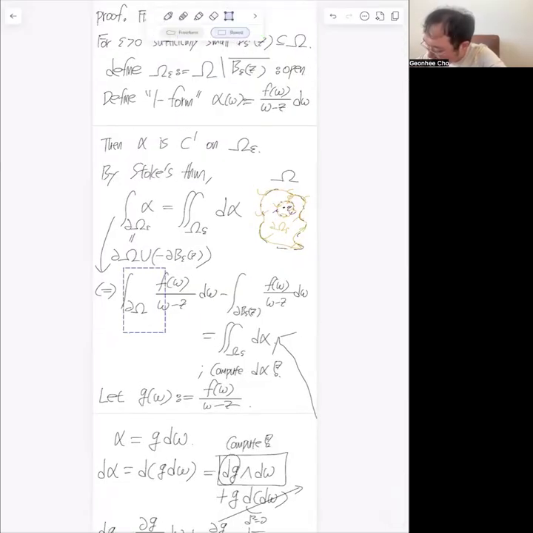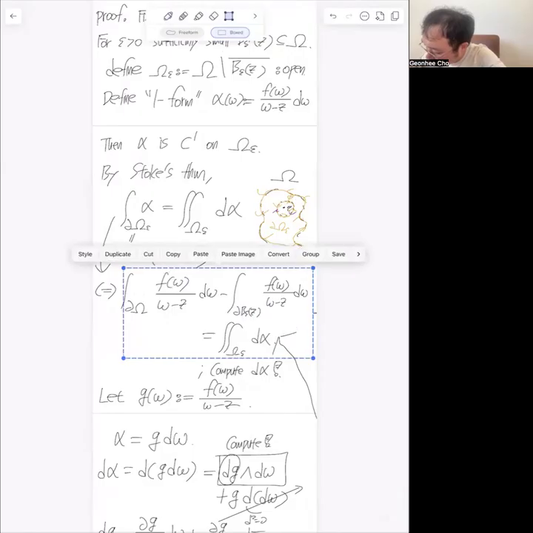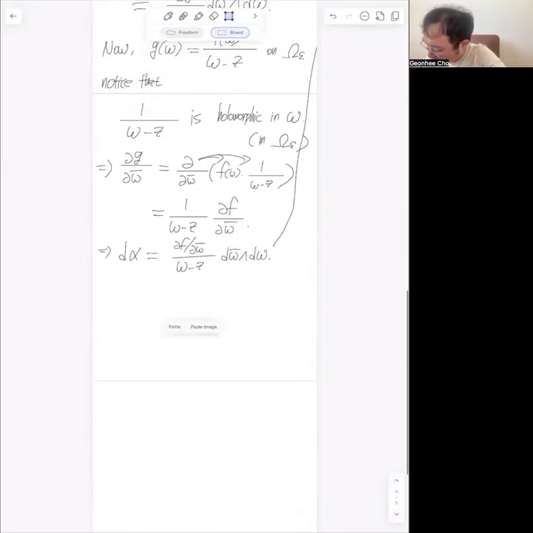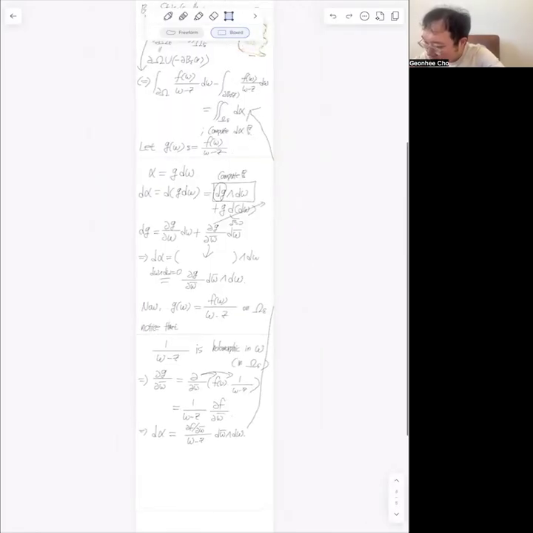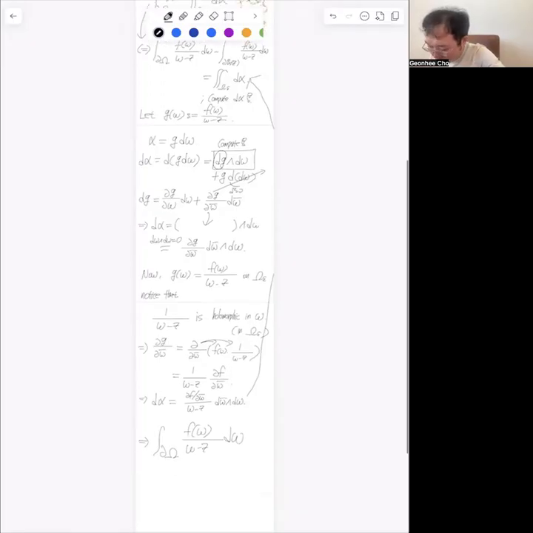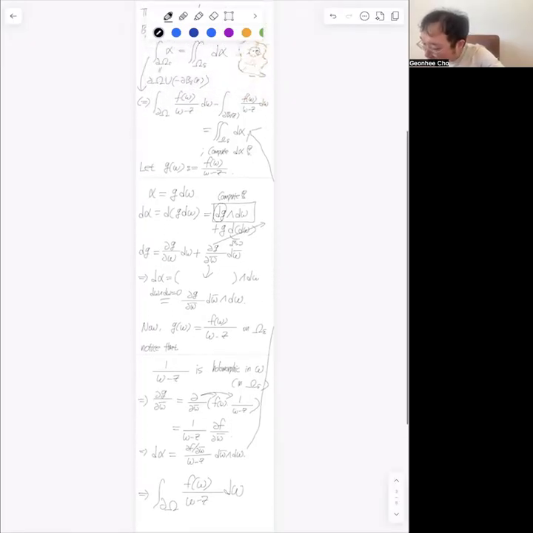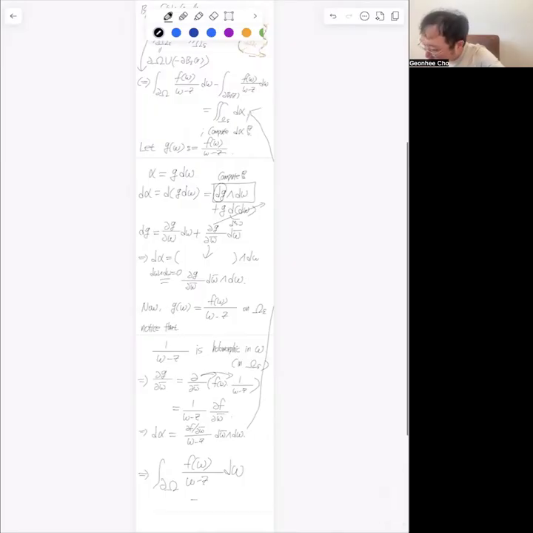The integration over the boundary of omega of f of omega over omega minus z d omega is the same as, let me also copy the same left hand side, minus the integral over the boundary of the small ball of the same expression.